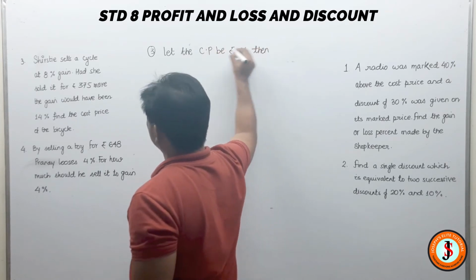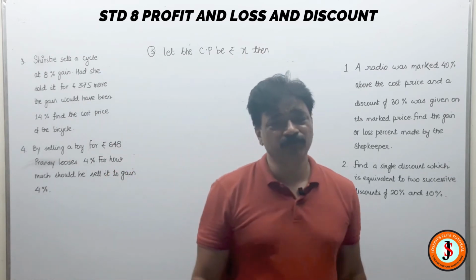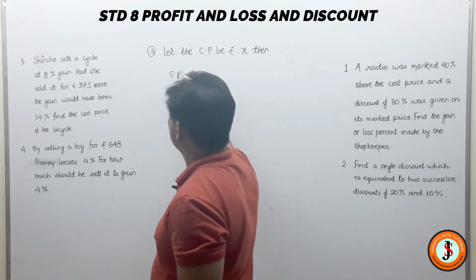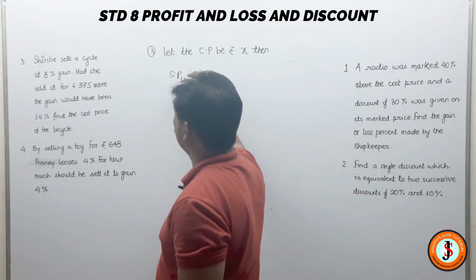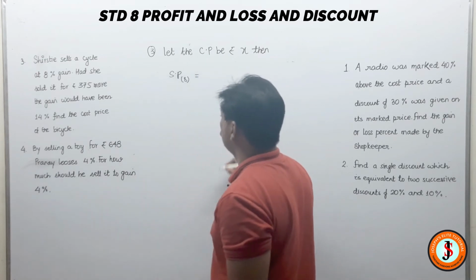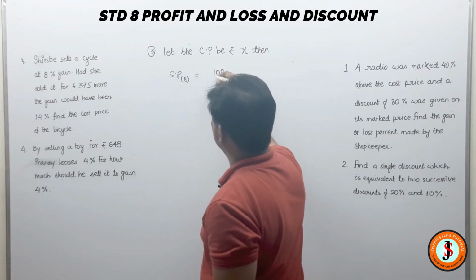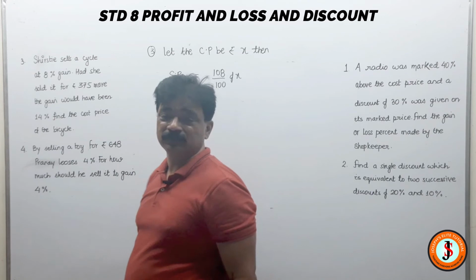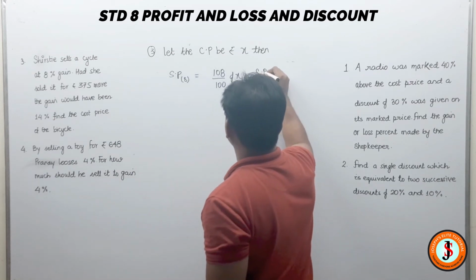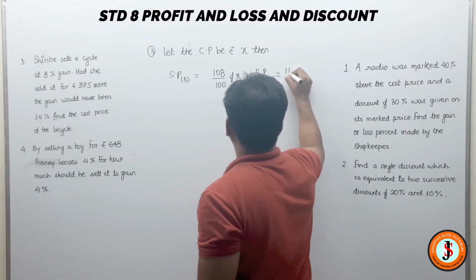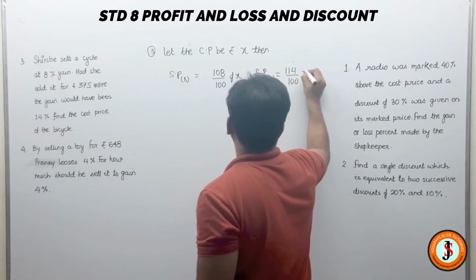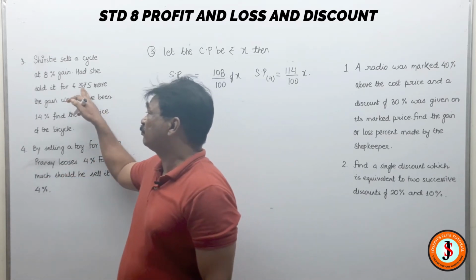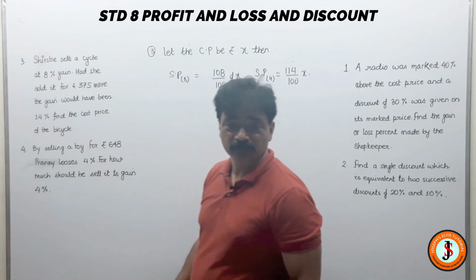If she sells at a gain of 8%, then SP will be 108% of X. And if we sell it with a gain of 14%, SP will be 114% of X. So 114% of X is 375 rupees more than 108%, because that is the difference.